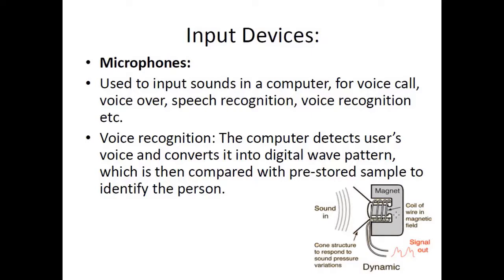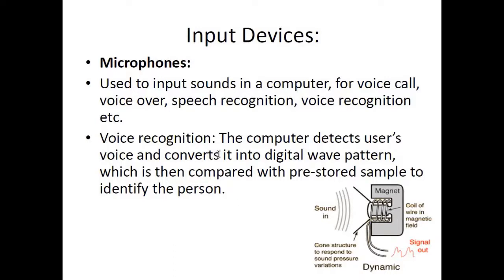When the coil of wire moves inside the magnetic field, an electrical signal is produced in these wires. That signal is then sent to an ADC, analog to digital converter, which converts it into digital form and sends it to the microprocessor for storing or processing. And in this way the sound is captured by a microphone.